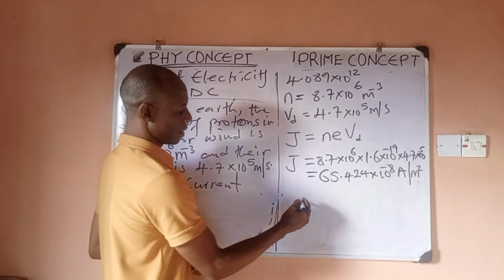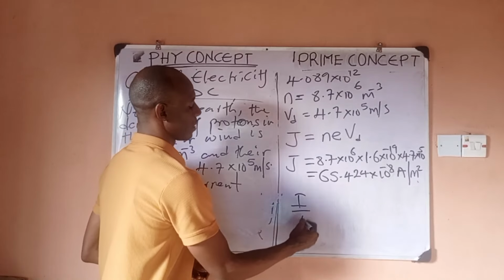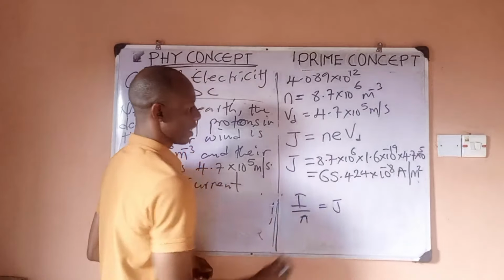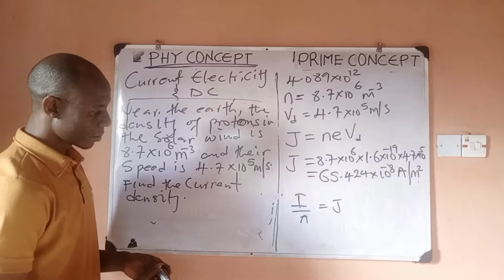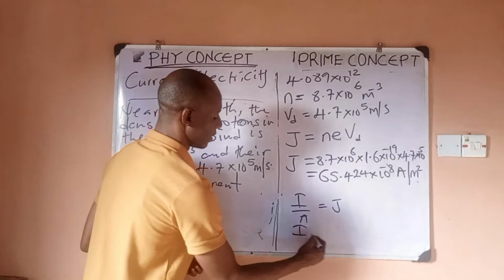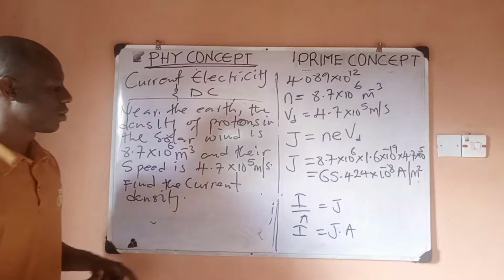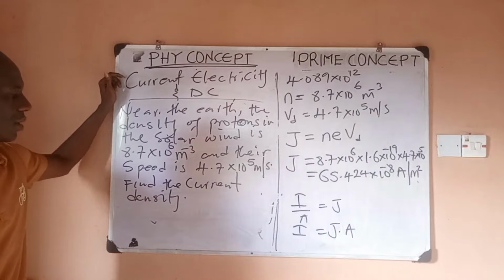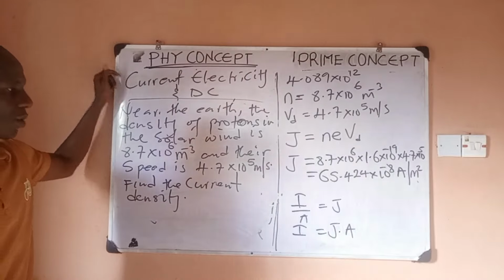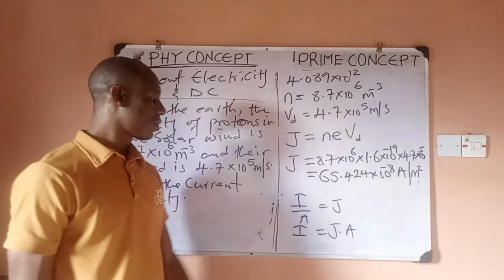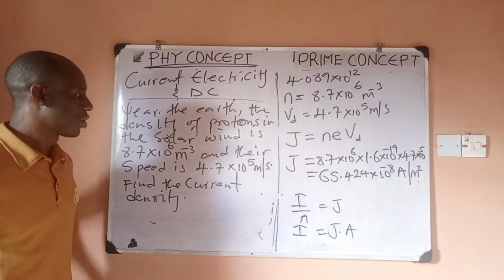Now we know that I over A is equal to J, right? So it means I is going to be J times area. But we don't have information for the area. So I think there's an omission there, because we know J, but we don't have information for the area.